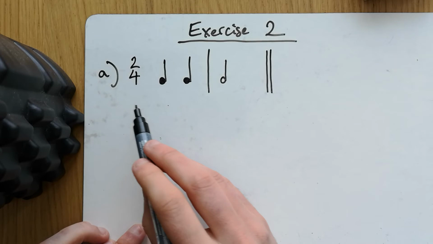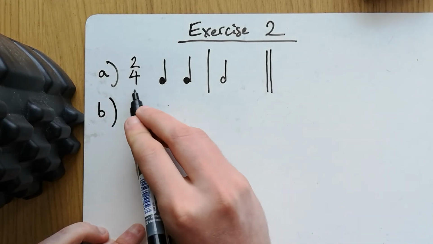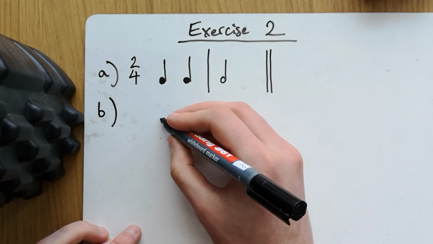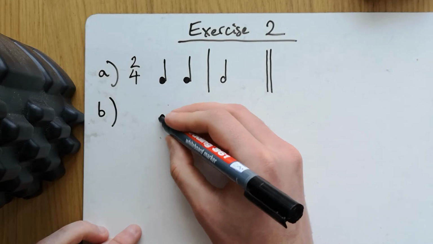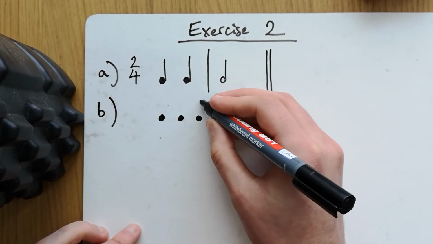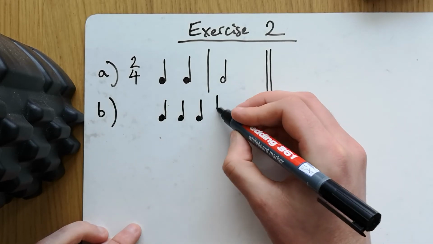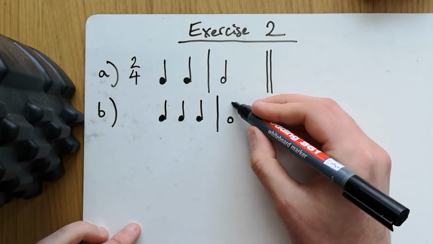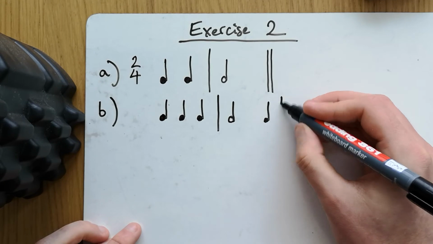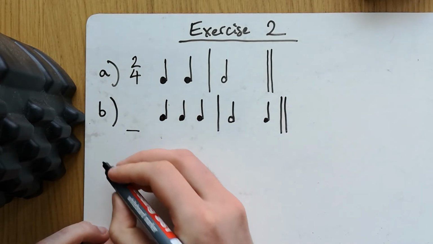Okay, so that's your first one, that's your example. I'm going to do a few more, copy them out, and write in the time signature at the start. So time signature there, what would it be?